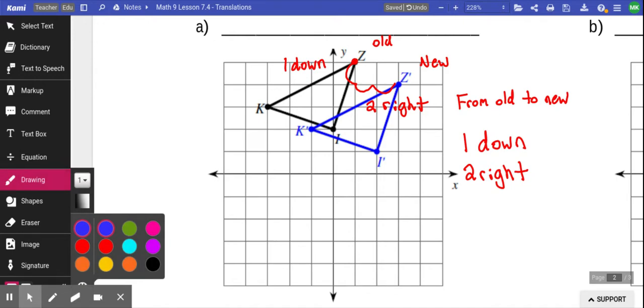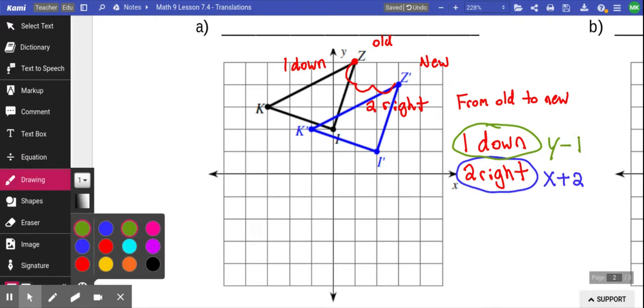So if I move left or right, those are my X's. If I move up or down, those are my Y's. If I move to the right, that means I had +2. If I move down, it means I had minus, and then however many units it was is 1.